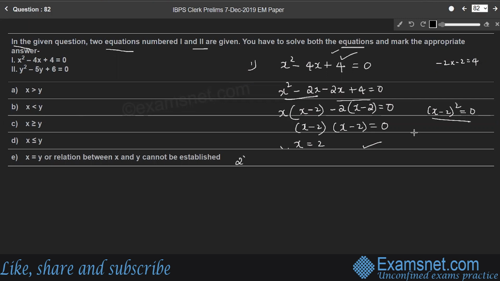Next, second equation. Y square minus 5y plus 6 is equal to 0. Split the middle term. So here y square minus 5y can be written as minus 3y minus 2y. So that minus 3 into minus 2 becomes 6, which is the third term, right? Plus 6 is equal to 0.